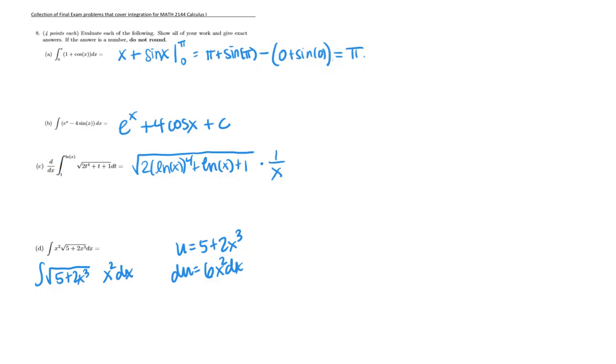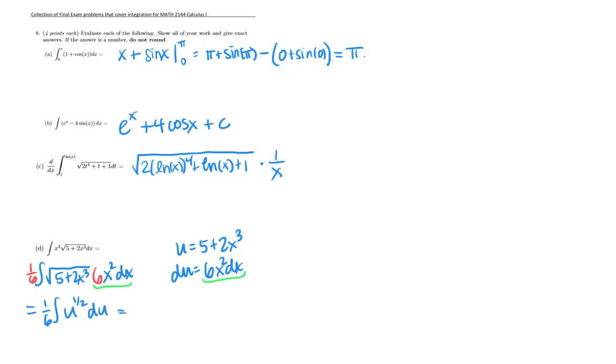And then I need a 6 to appear, so I can multiply a 6 and a 1/6 on the outside. So now I have my du sitting right here, so I'm ready to do my substitution. When I do the substitution, I'll get 1/6 integral of u to the 1/2, or square root of u, du.